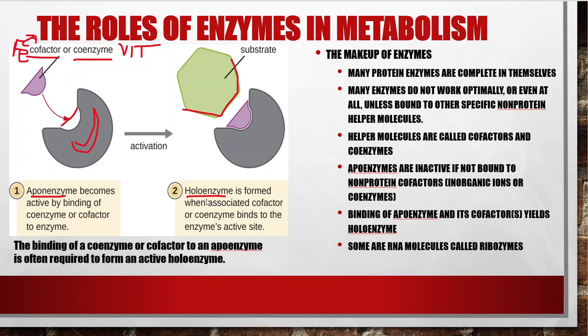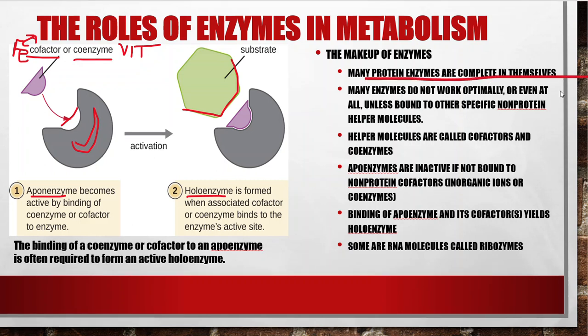So the holoenzyme is the apoenzyme plus a cofactor or coenzyme. Not all enzymes need a cofactor or coenzyme, but some do. So the ones that do are apoenzymes until they get their additional molecule, and then they're holoenzymes afterwards.